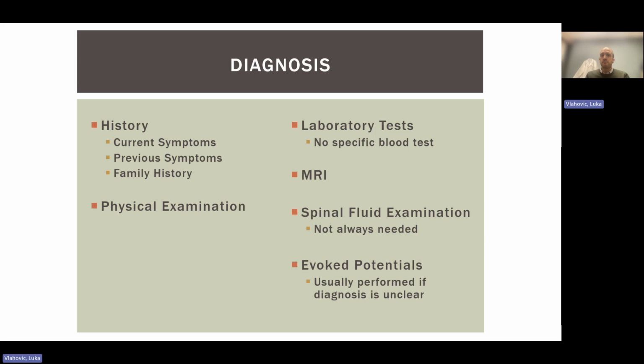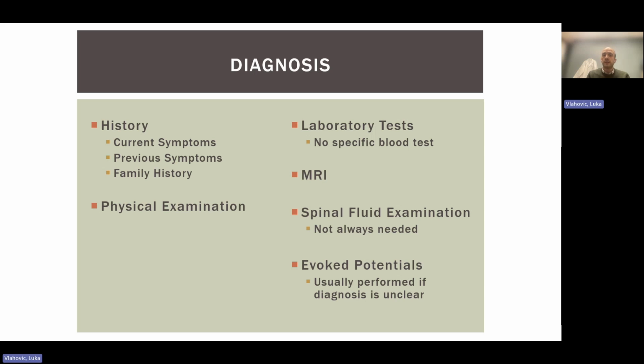But in general, in a big picture, when we're diagnosing MS, it's important to take history. Again, looking for the specific symptomatology that would be compatible with relapses that I previously mentioned, and usually trying to find the corresponding examination findings that will correspond with those relapses in the past.